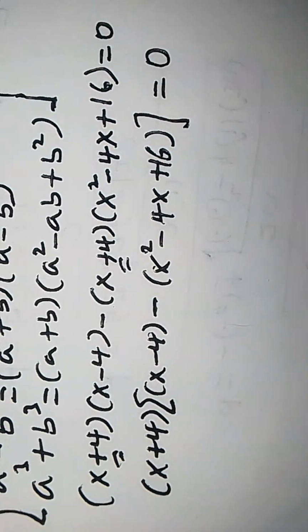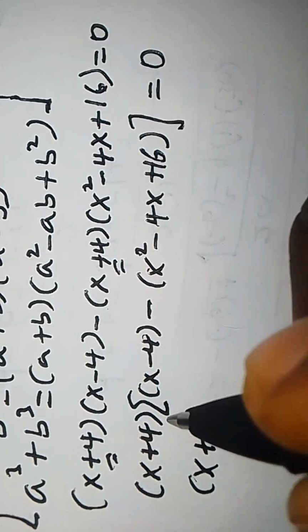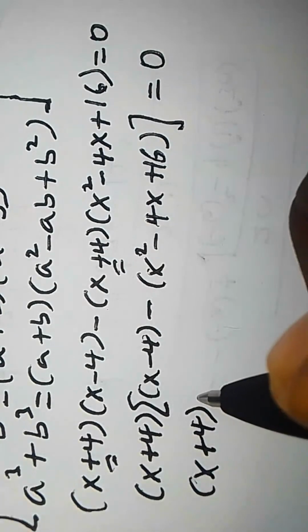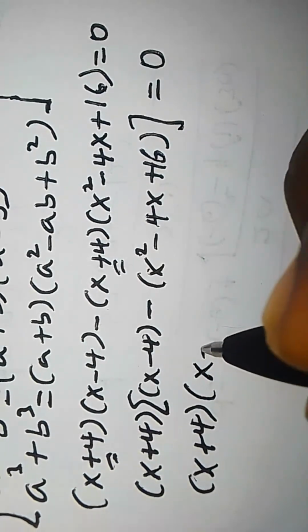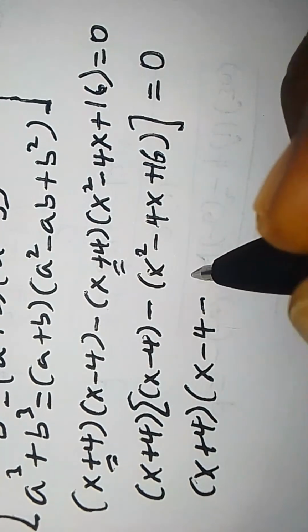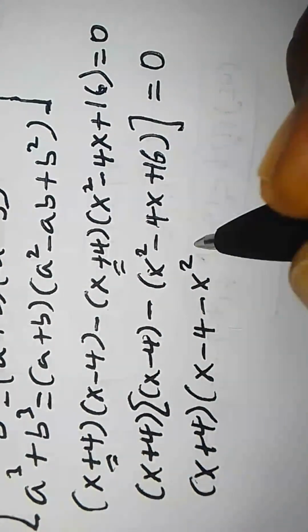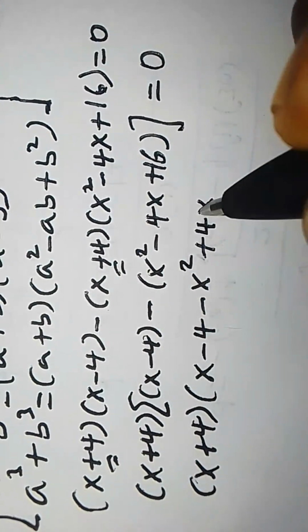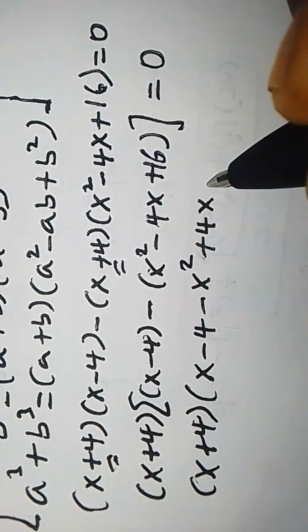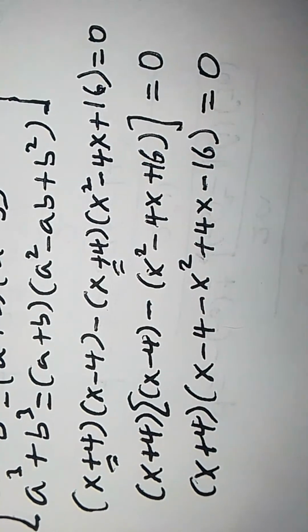Let's continue. x plus 4, let's drop this square bracket now. So we have x minus 4 minus x square, minus times minus 4x, plus 4x, minus 16, equal to 0.